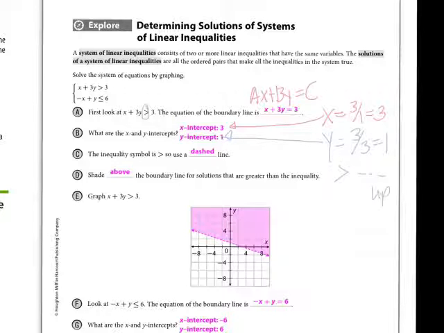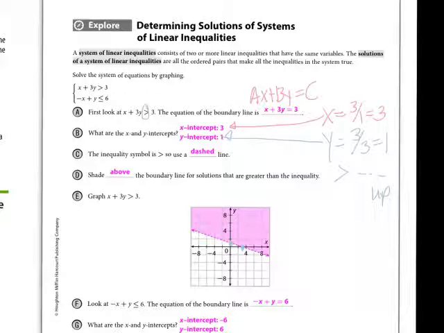So this will shade up or to the right, but since we don't have a vertical line, we're going to have a y-intercept at 1 and an x-intercept at 3. When you connect those two, you can see them here, the y-intercept at 1, the x-intercept at 3, you create a boundary line that is a dotted line. That's this dotted line here. And we are going to shade up.